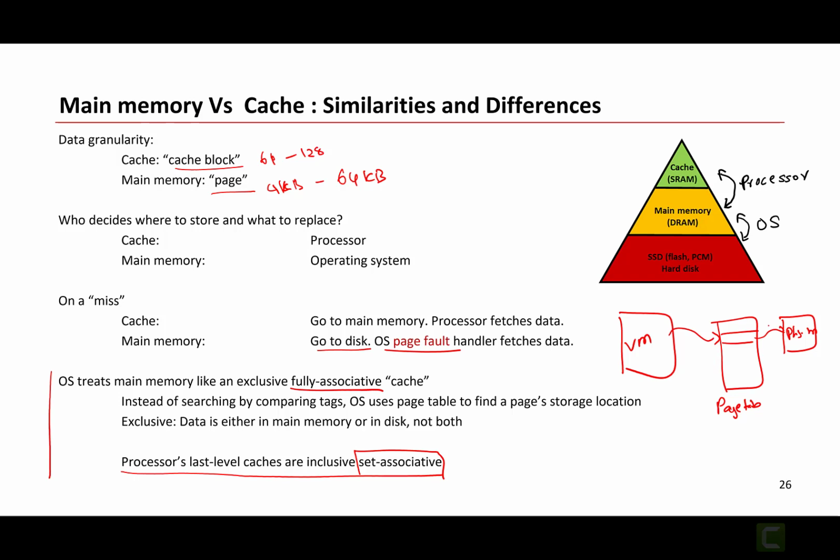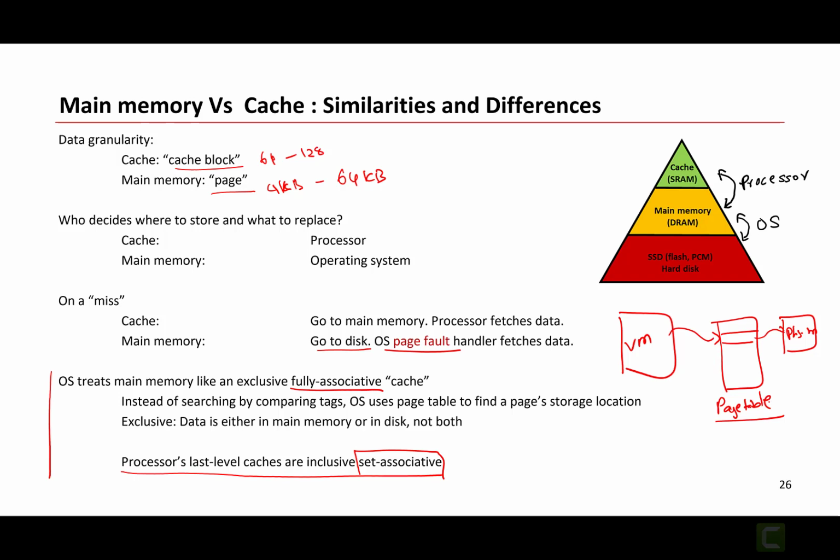So there's no tag comparison that is necessary, like it was the case in caches, where we didn't have this page table. Because we didn't have this page table, we had to explicitly store the address as part of the cache. And whenever you wanted to check whether you have the address or not, you have to do a tag comparison with all the cache blocks in the cache, if it's a fully associative cache.